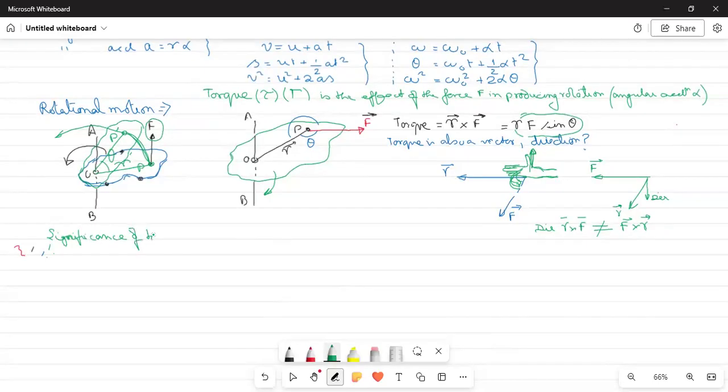Whenever you are in a physics chapter or physics subject, you must always ask yourself what is the significance of it? What is the real life significance of it? Otherwise, you will never get the real pleasure of physics. Now, let us find what is the significance of this torque, right?